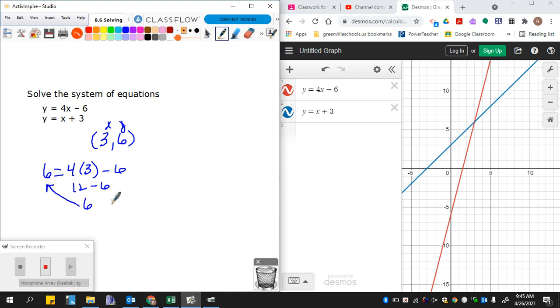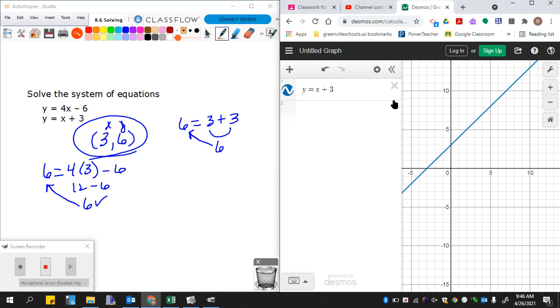So that works. And is 6 equal to 3 plus 3? Obviously, we learned in first grade that 3 plus 3 is 6, and so that checks out. The point (3, 6) is your solution for both of those equations.